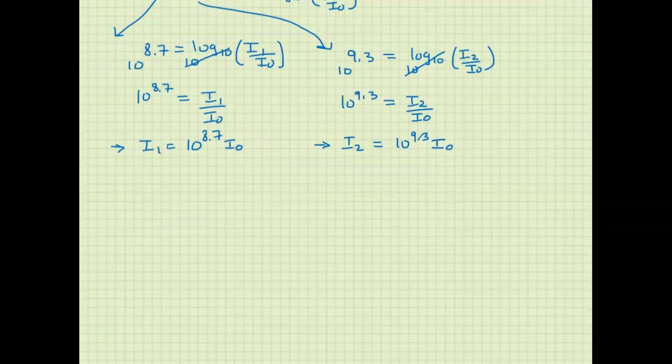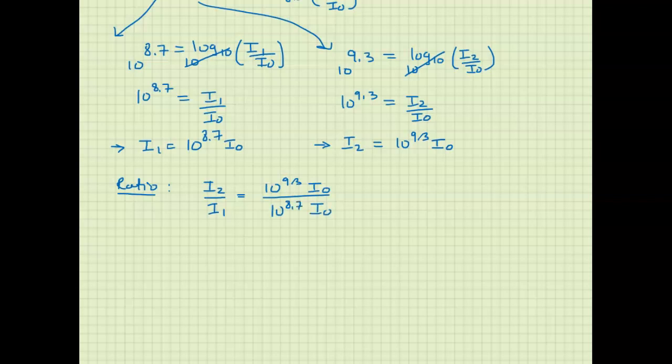All right, now we want to find the ratio between these. So let's do I2 over I1 because I2 is bigger. So 10 to the 9.3 I0 divided by 10 to the 8.7 I0. These cancel out, and then the exponents subtract.